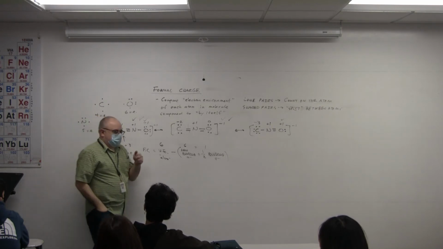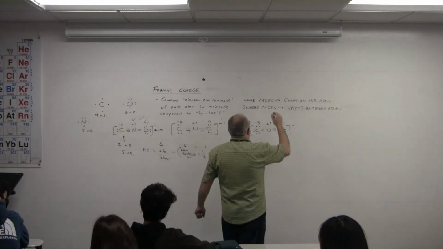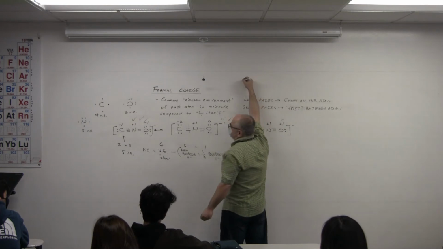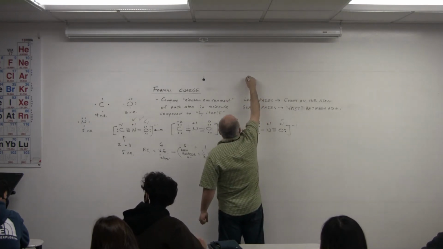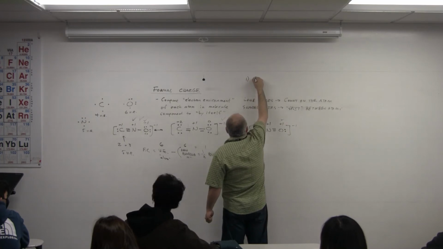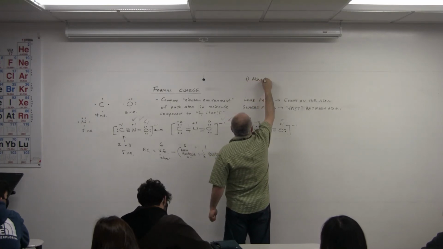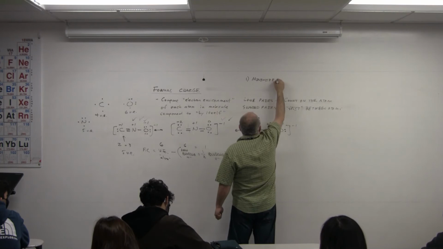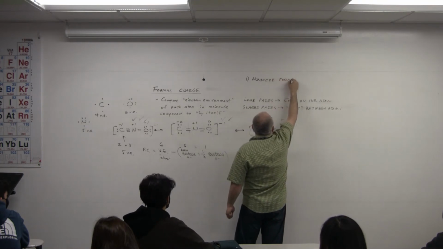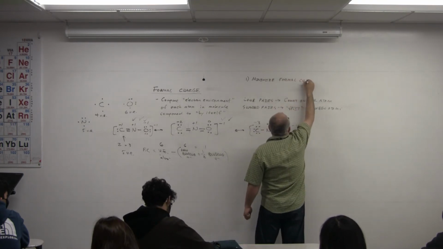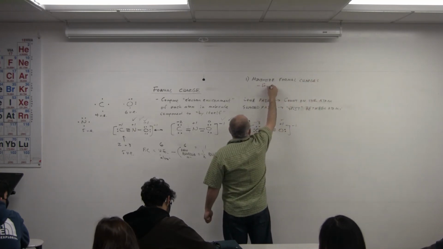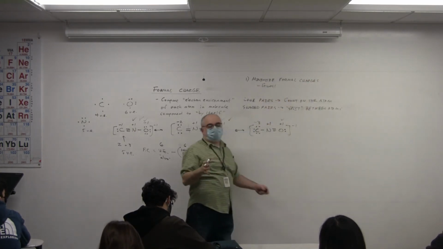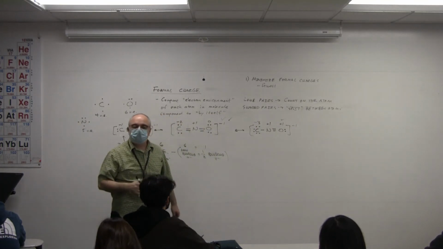That's the first thing. So the first thing I want to tell you, in terms of what makes a good formal charge setup, the first principle is you want to minimize the formal charges. And that means 2 things. 1, you want the fewest, meaning as few atoms as possible carrying a formal charge.